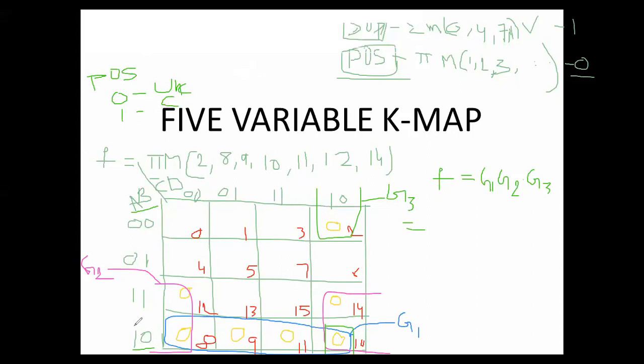So here only 1, 0. A value is 1. That's why A bar plus B value is 0, so B. What about CD variables? This group totally covers 0, 0, 0, 1, 1, 1, 1, 0.